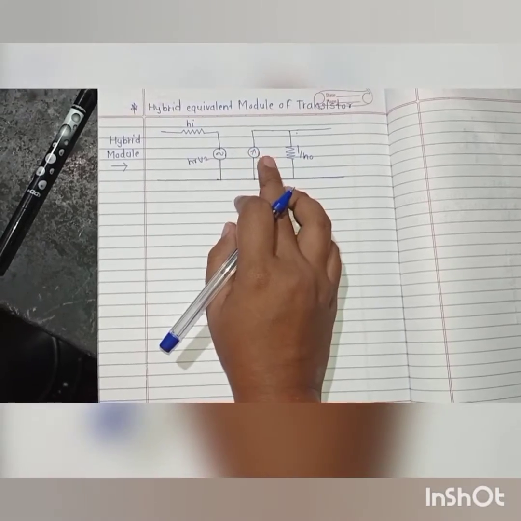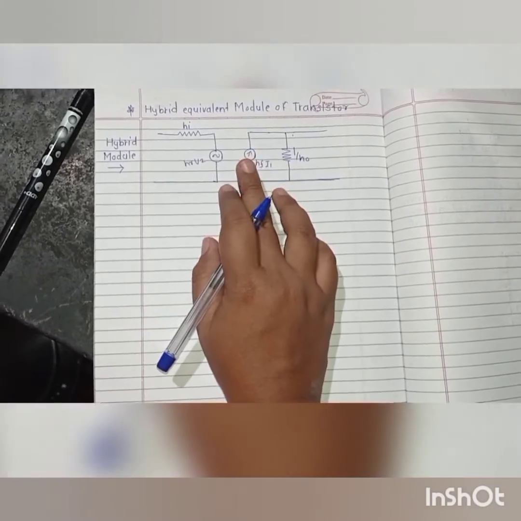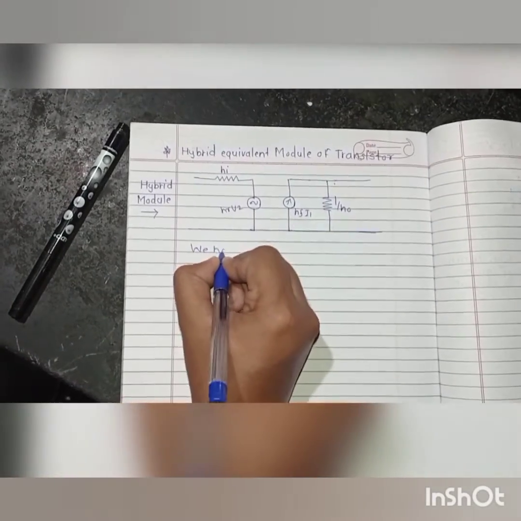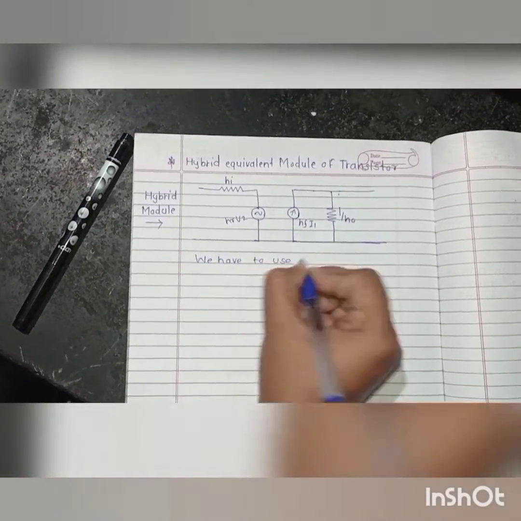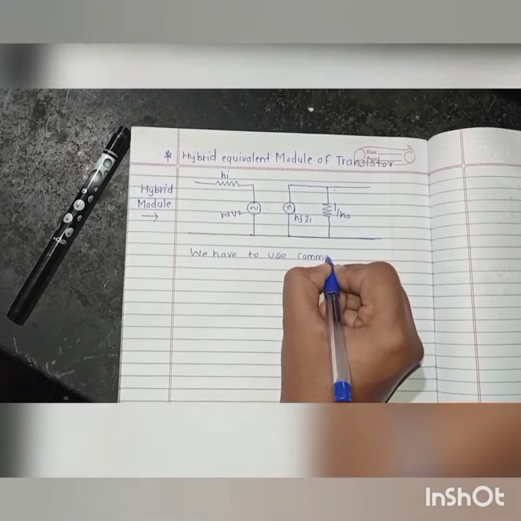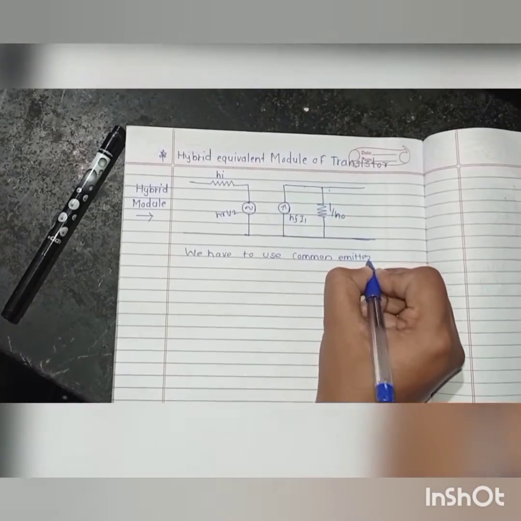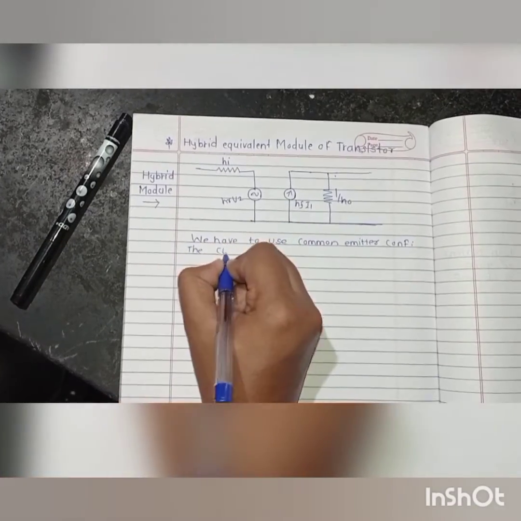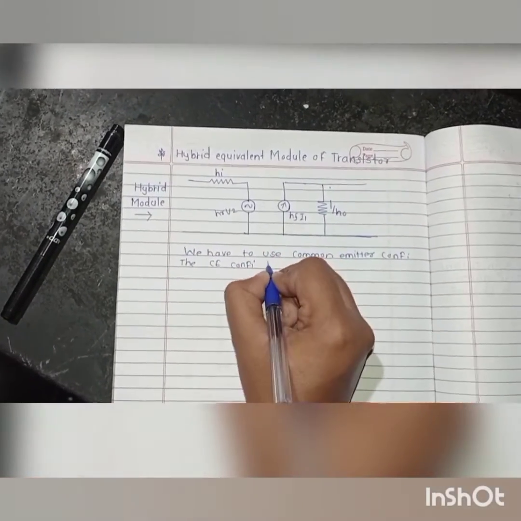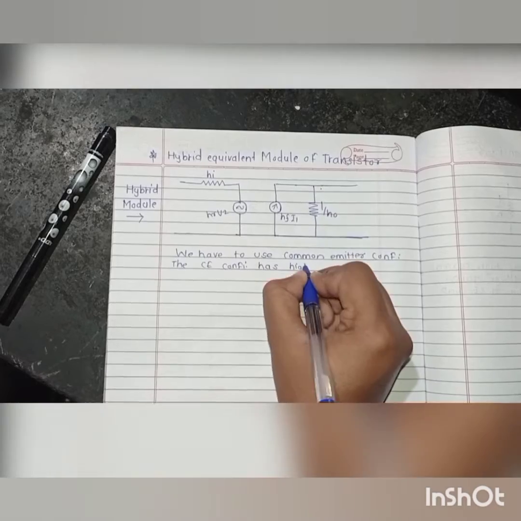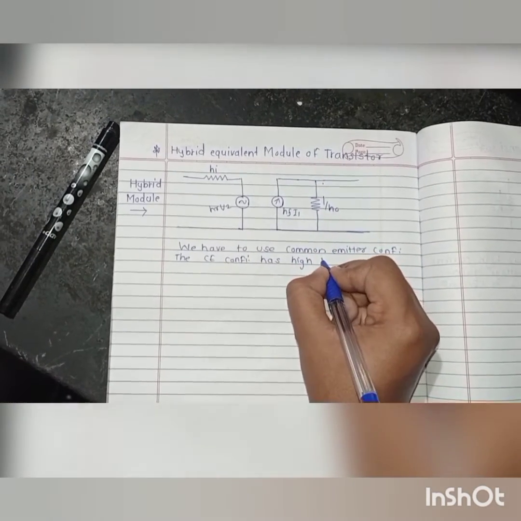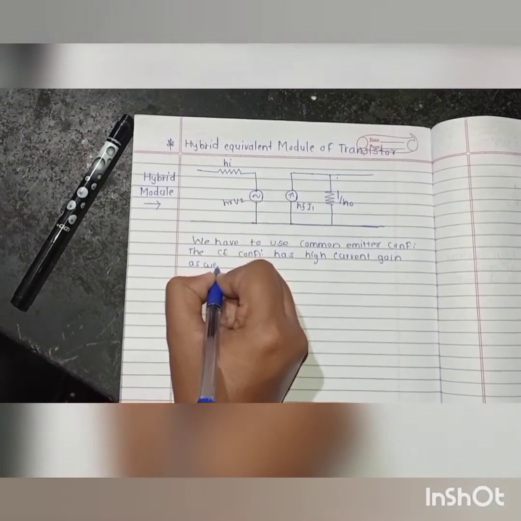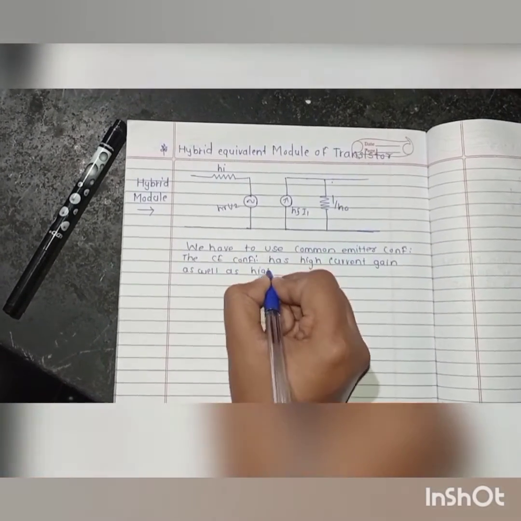So to convert the h model of a transistor into the hybrid equivalent model of a transistor, we have to use the common emitter configuration, because the common emitter configuration has high current gain as well as high voltage gain.